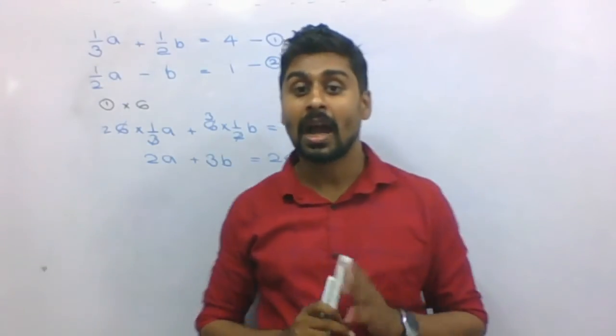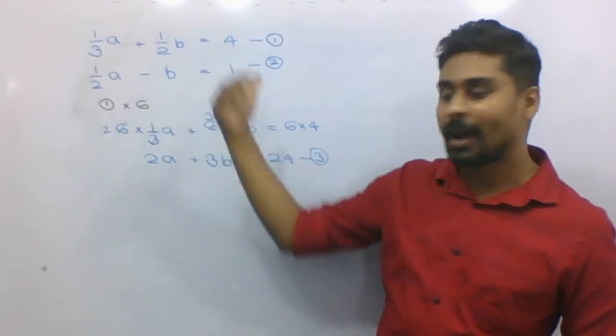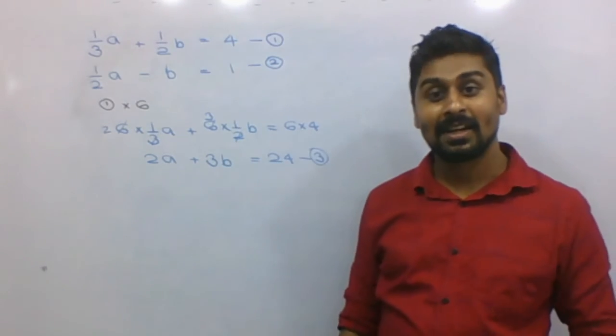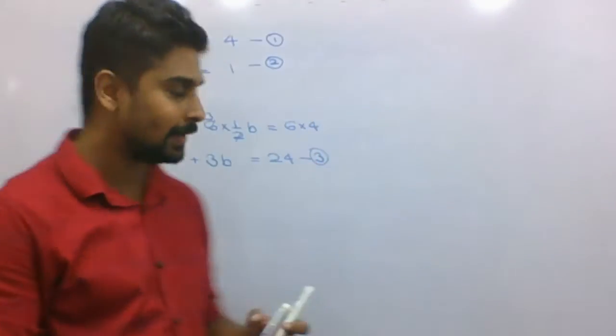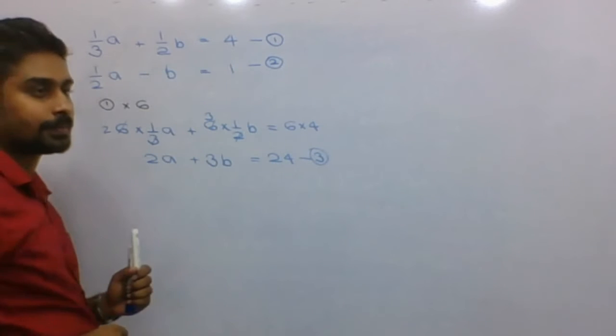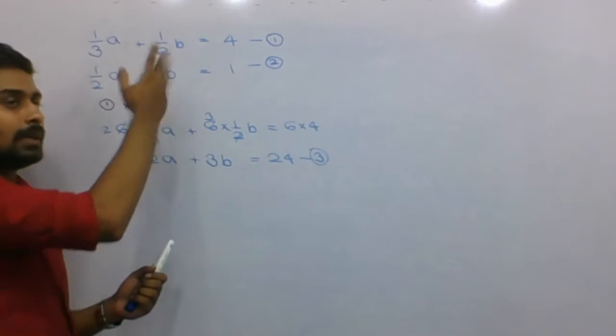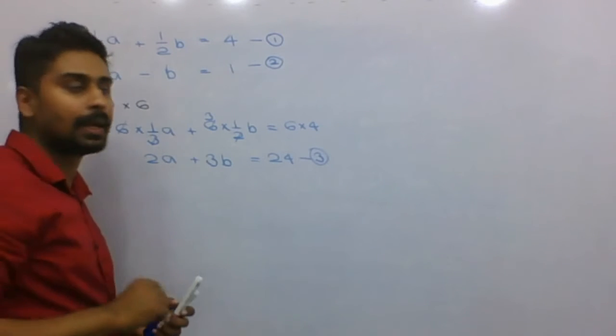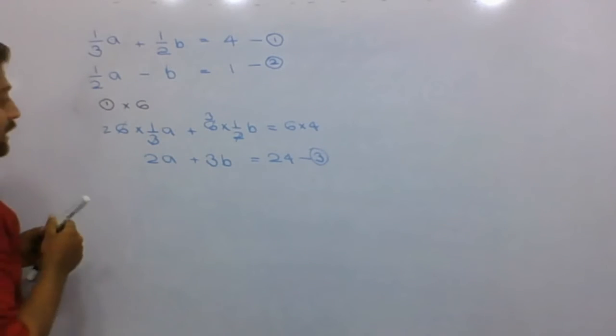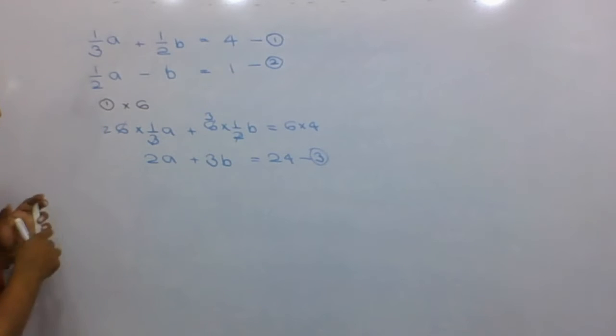අපිට ආව third equation එක. දැන් අපිට fraction ඕනේ නැහැ, අපි දන්න ලස්සන equation එකක් now we have. Second equation එකත් 2 ගෙන් multiply කරමු. Second equation we are going to multiply by what?